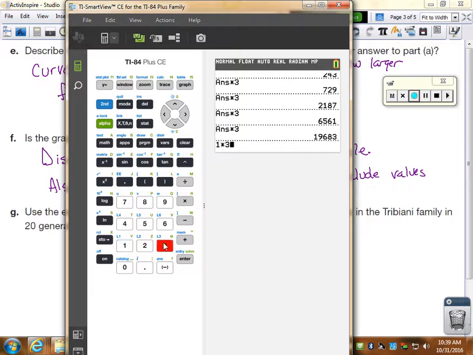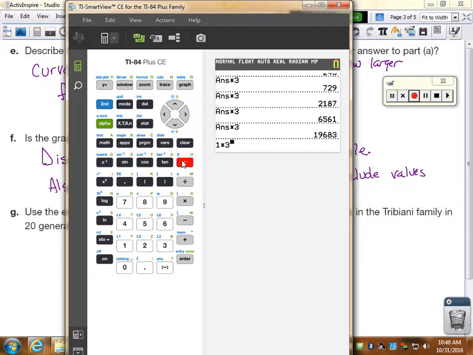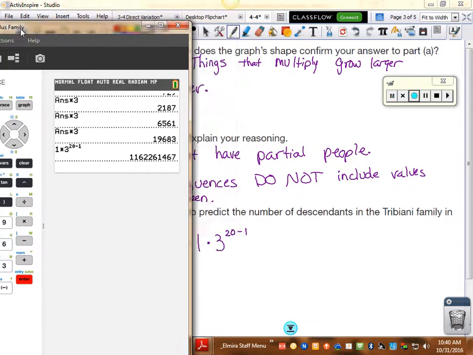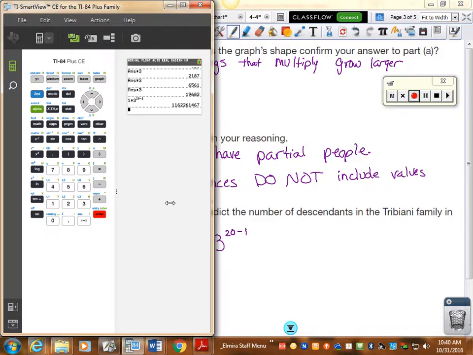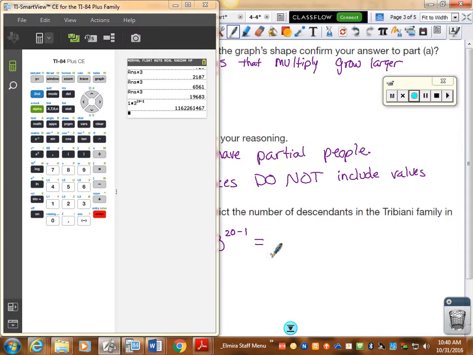1 times 3. I will also concede that putting the 1 there doesn't really change the outcome, but it's again reinforcing the structure of the formula. Now you can type 20, take away 1 here, or you could type in the 19 instead. You'll get the same answer either way. Big number. Okay, 20 generations in, we're going to get a huge number. Okay, here we go.